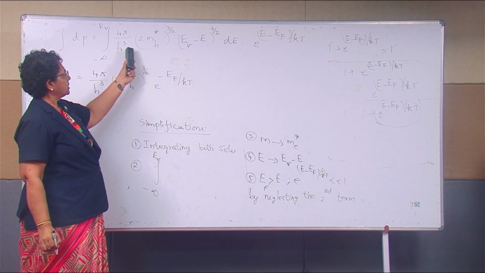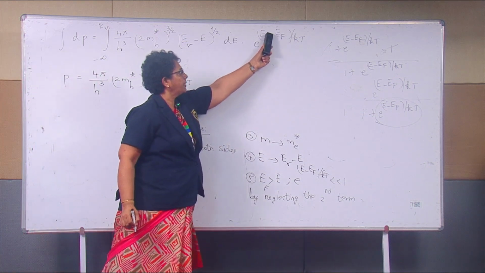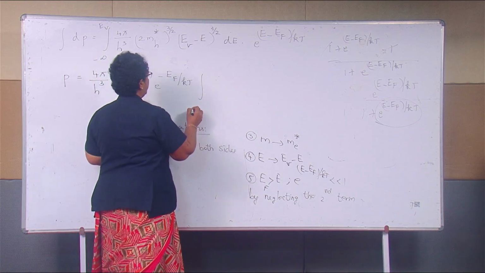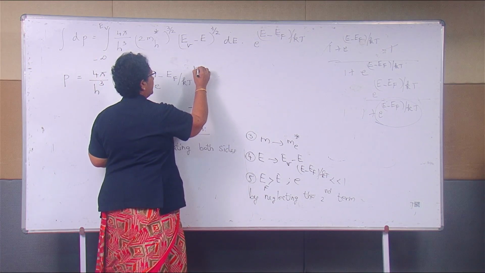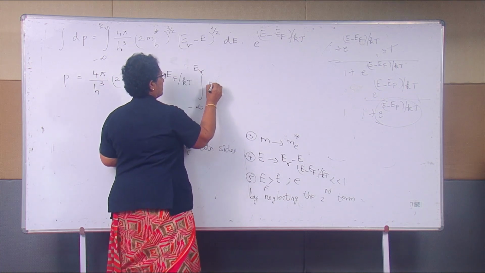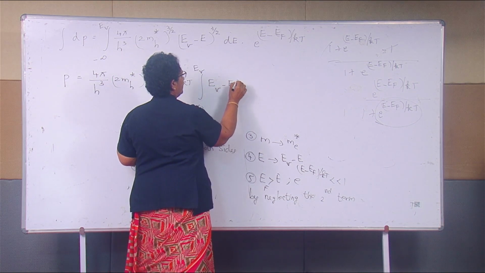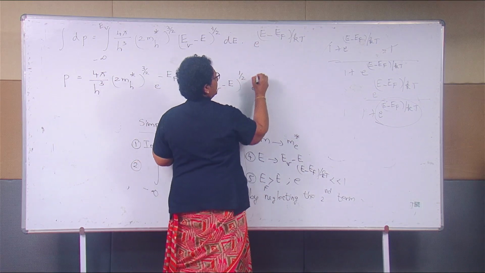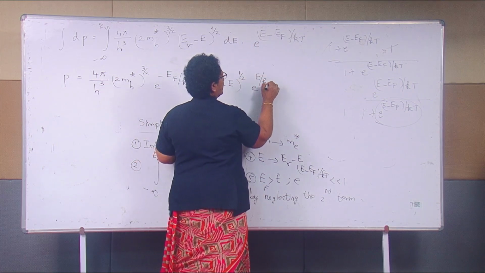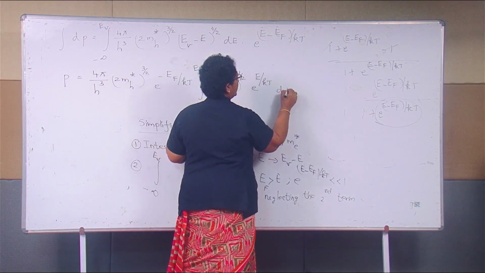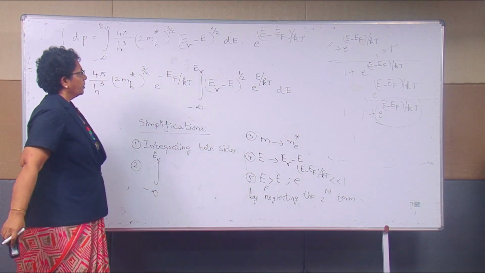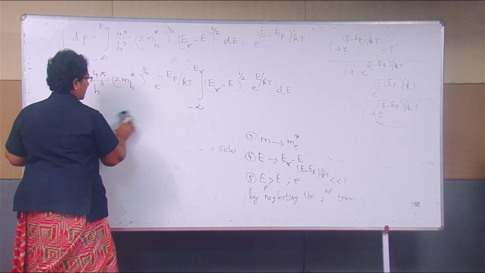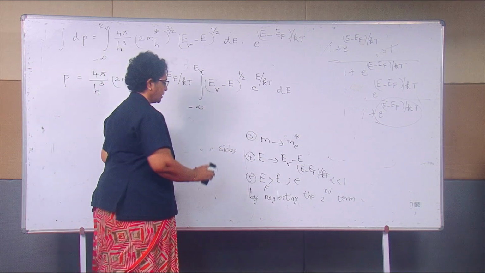All these are constants. Then the integration runs from minus infinity to EV of EV minus E to the power of half, and the leftover term will be e to the power of E by kT into dE. So by substituting all the simplifications, we arrive at an entire expression like this.